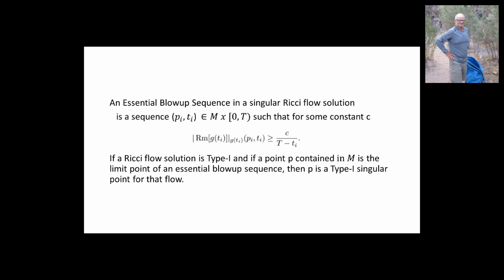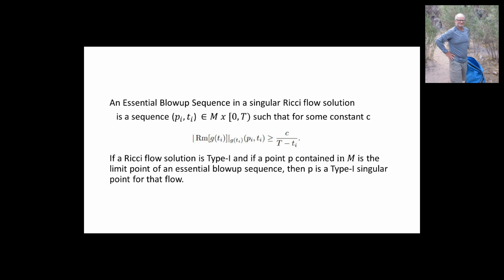We say that we have an essential blowup sequence in a singular Ricci flow solution if there is a sequence of points p_i and times t_i on the manifold and the time interval, such that for some constant the norm of the curvature at the sequential points is bounded below by some constant divided by capital T, the singular time, minus t_i.